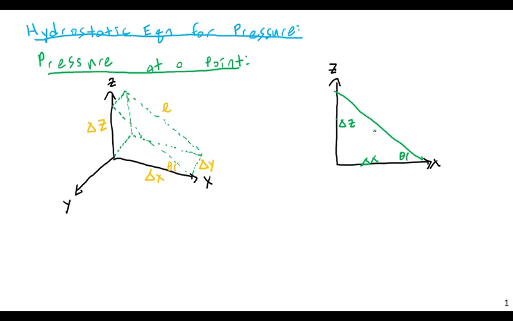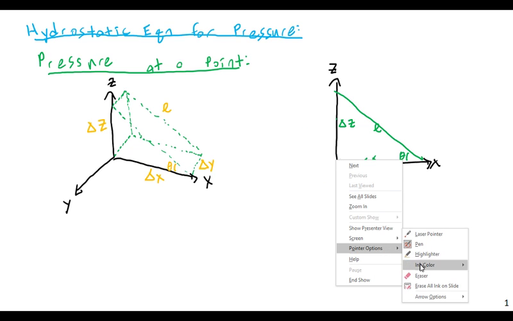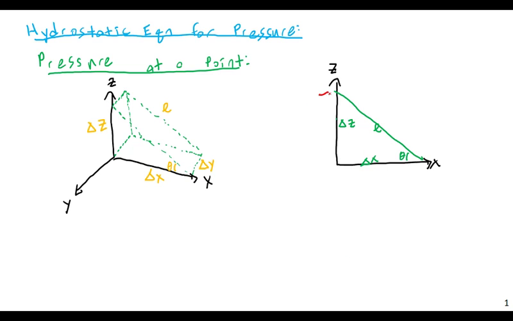And L. All right, now let me show the forces that are acting on this body. So I'm going to have P1. These are going to be distributed forces, pressure forces. Then I'll have another distributed force on the bottom here, P2.